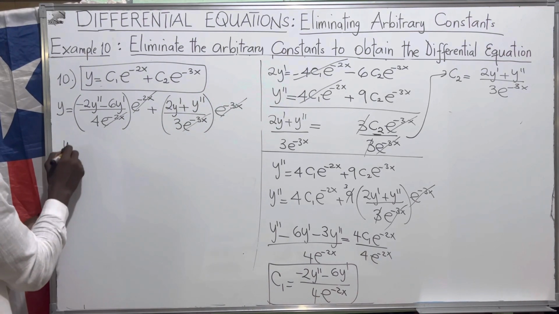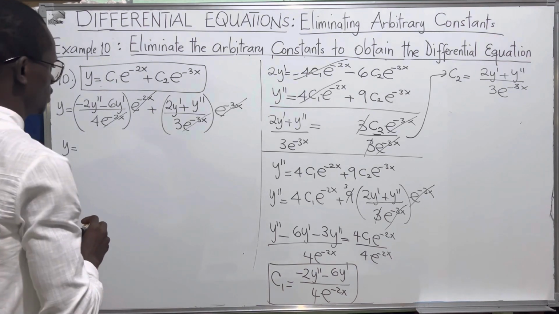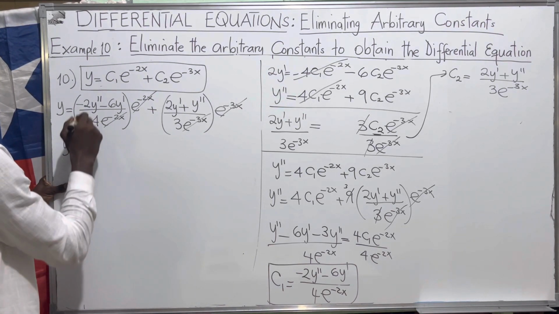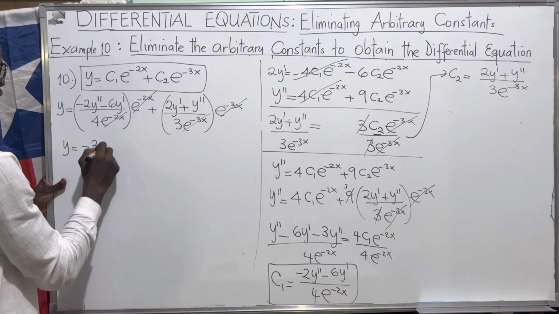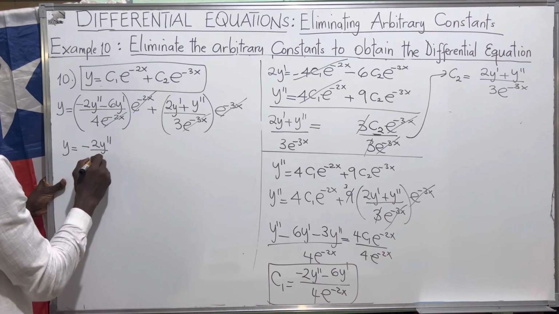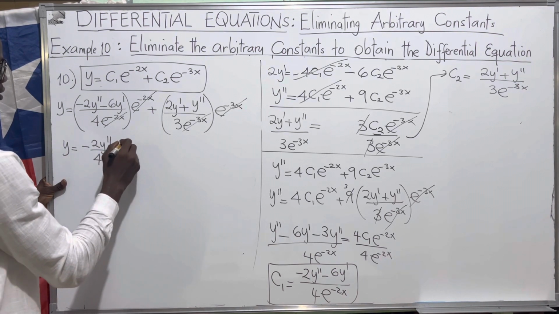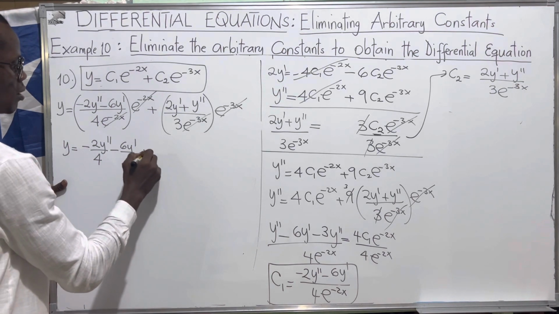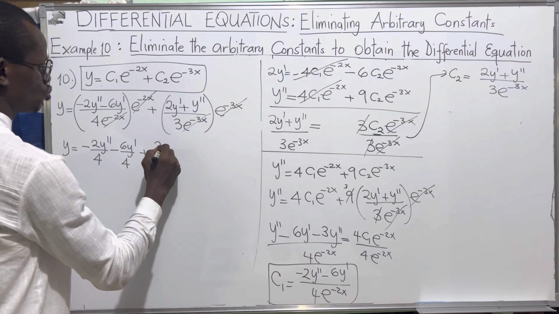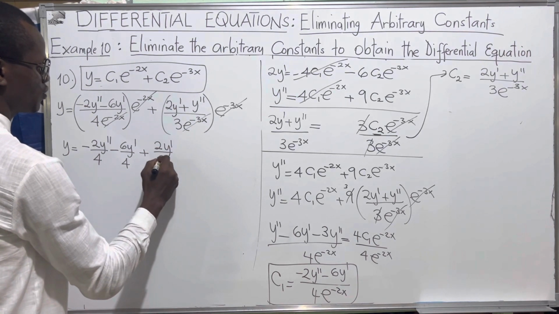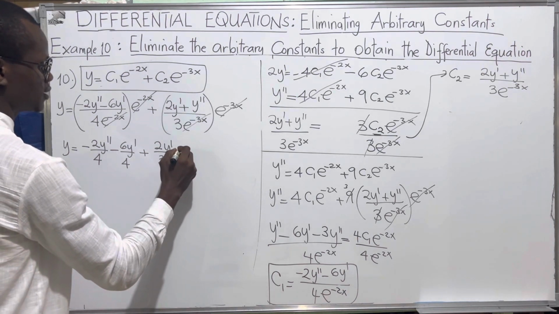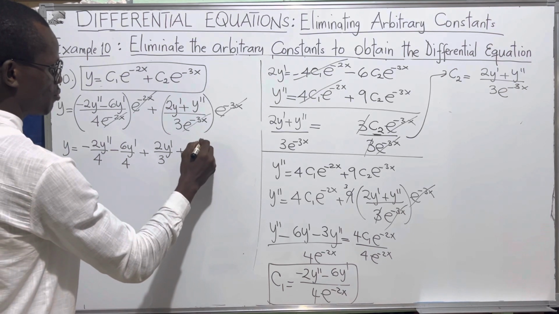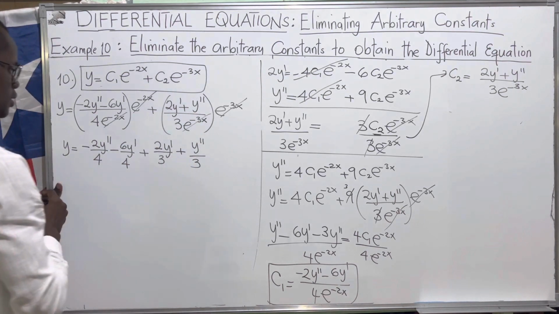So I'm left with y equals, now this is just minus 2y prime all over 4 minus 6y prime all over 4 plus 2y prime over 3 plus y prime over 3.